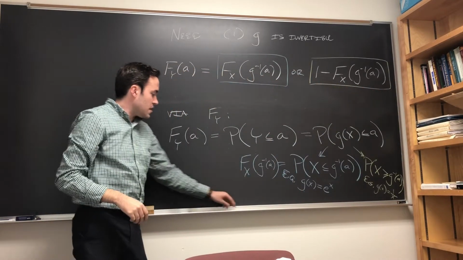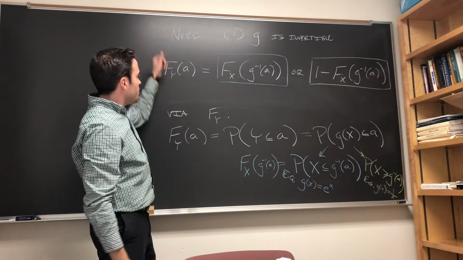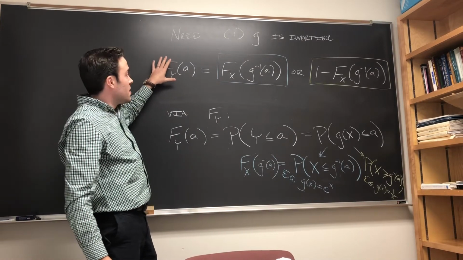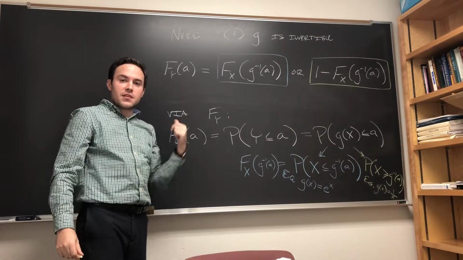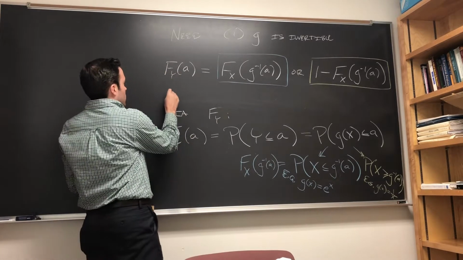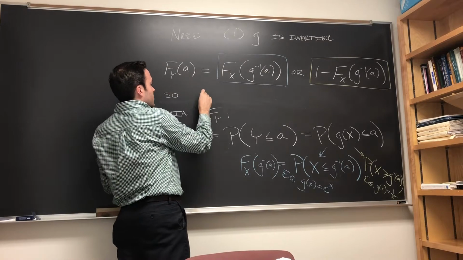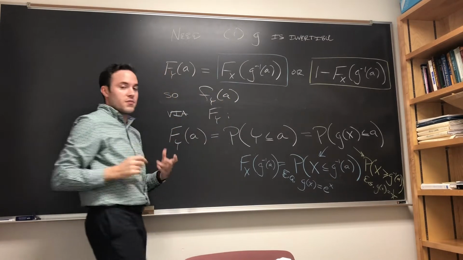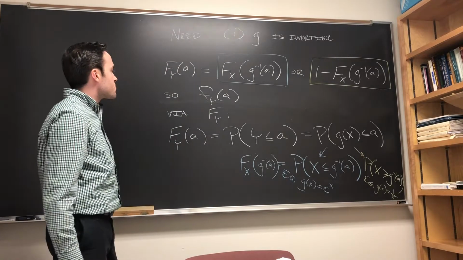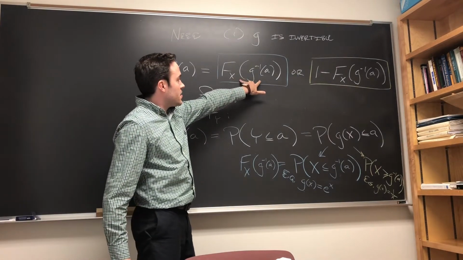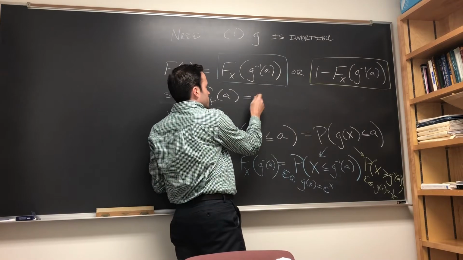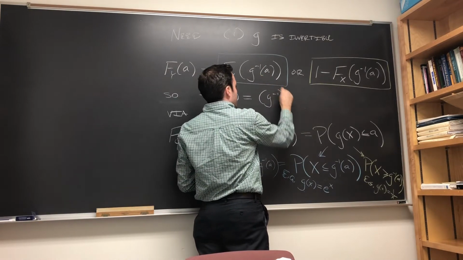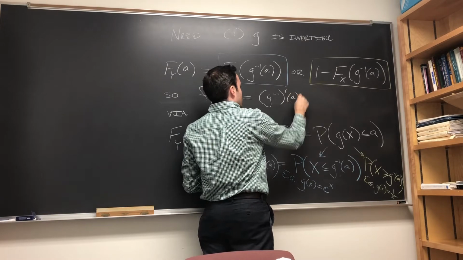The way we proceeded was to say that the derivative with respect to a of the CDF, by the fundamental theorem of calculus, will give us the PDF. So taking the derivative here with respect to a will give us the PDF that we wanted. This is what we were after to begin with. And now differentiating here inside the blue box by the chain rule, this will give us g inverse prime of a.